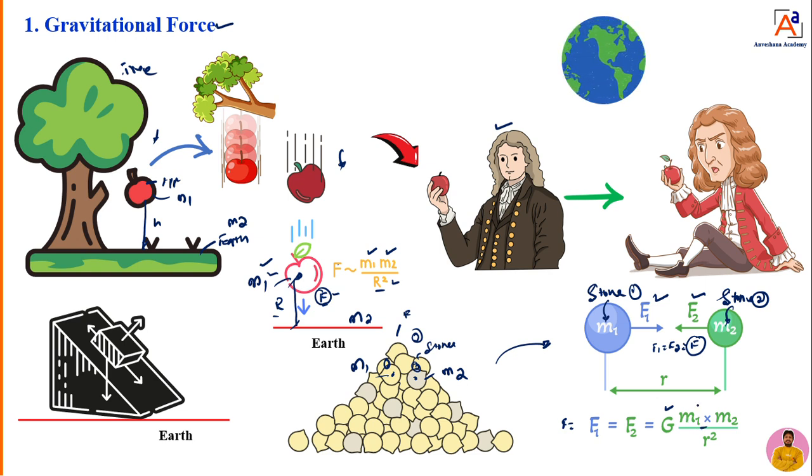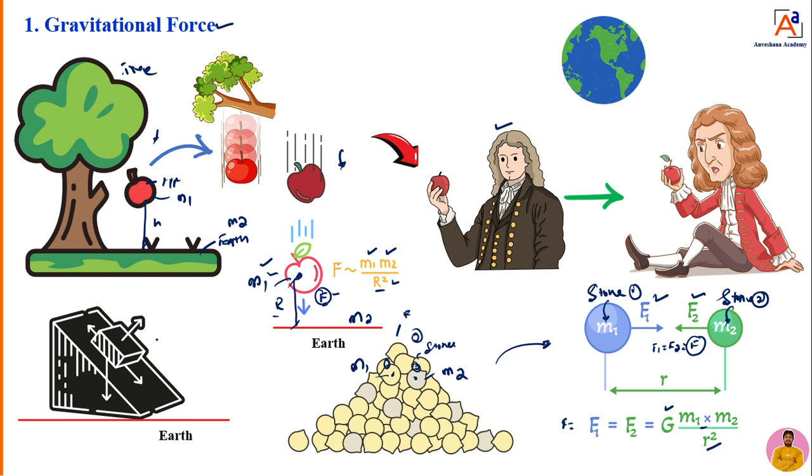That means it is directly proportional to the masses of the two objects and inversely proportional to r square, the distance between the two objects. This is the gravitational force. Because of that force only, the two objects are attracted by each other. You have to keep that in mind. This is what Newton has given.